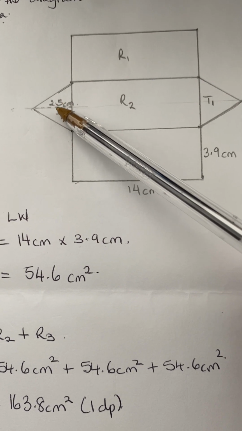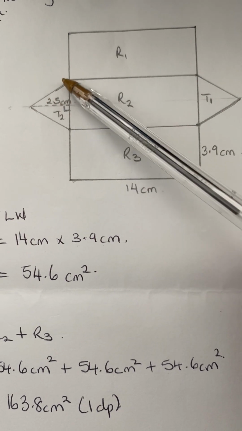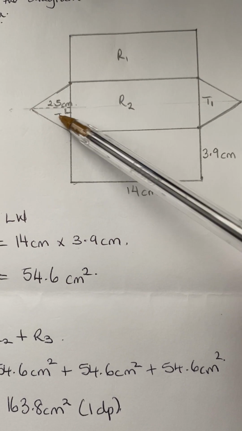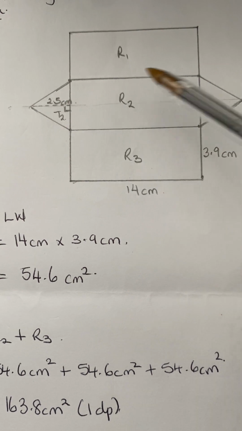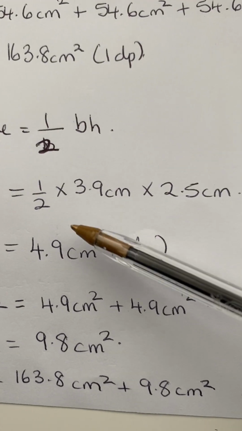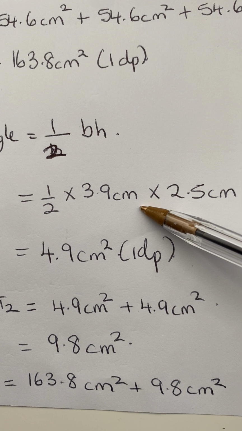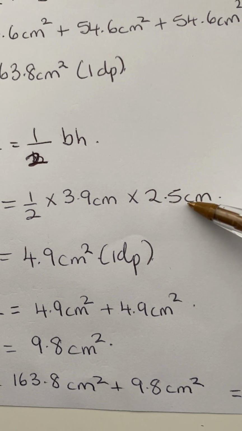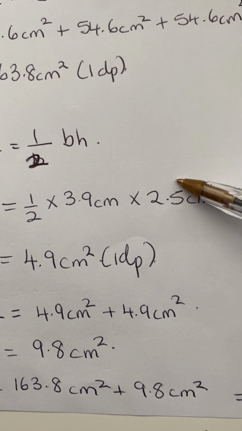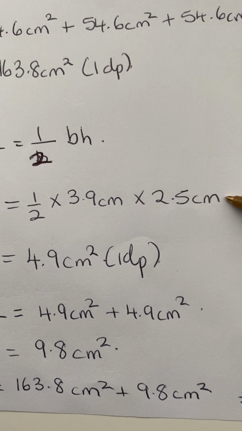So it's half the base times the height to find the area of this triangle, but we have 2 of them. So to find the area of one is half 3.9 centimeters times the perpendicular height, okay, 2.5 centimeters.